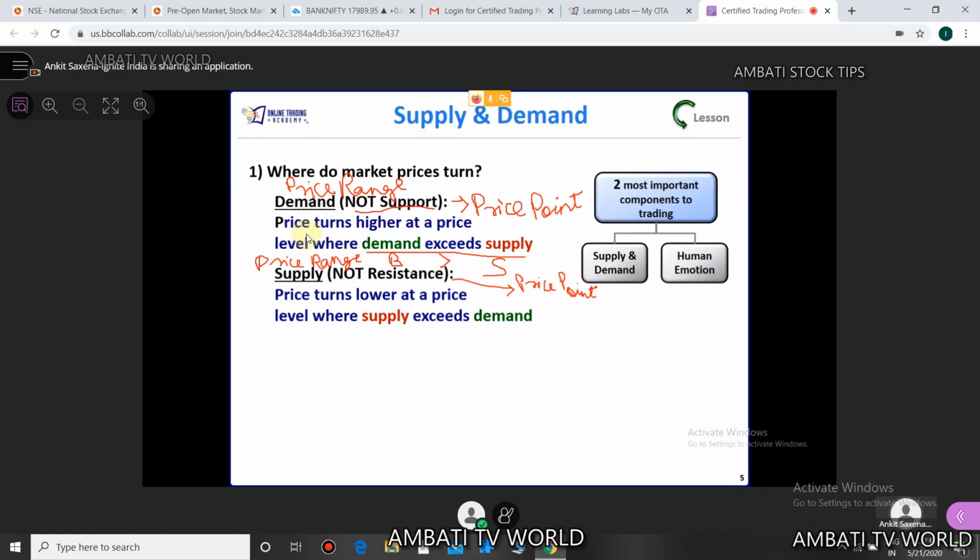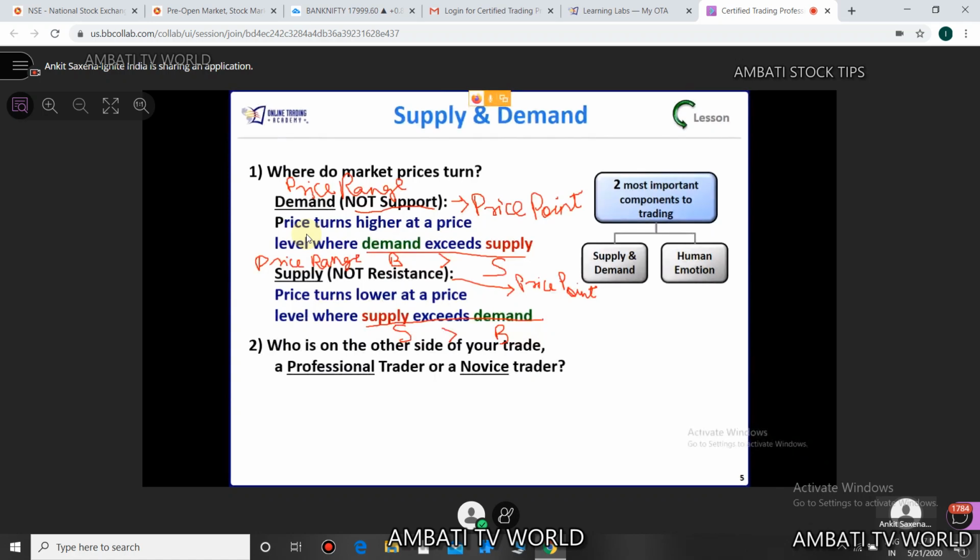So price turns lower at a price level where supply exceeds demand, where sellers are greater than the number of buyers. That's what we have learned till this point.